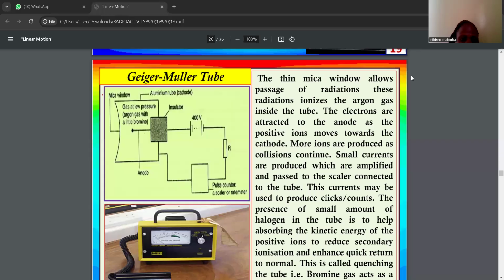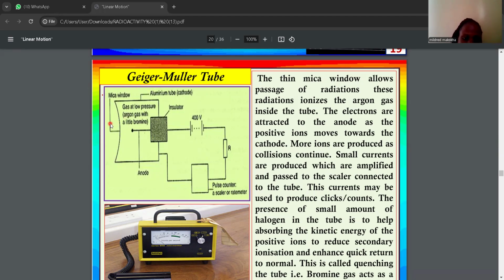The GM tube appears as it is drawn there. That is the GM tube. I want us to note the parts that are there on the GM tube. We have the Mica window. This is the Mica window, and it is supposed to be made to be what?